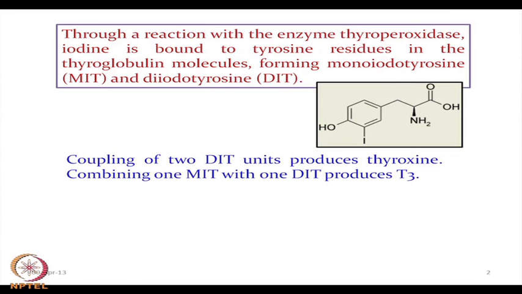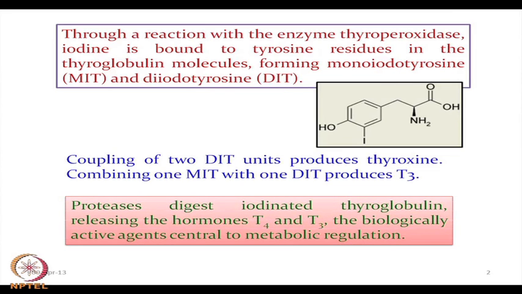in this class today only. In this particular case we get some proteases which are responsible for the hydrolysis of the long protein molecules. So, they digest the iodinated thyroglobulin.